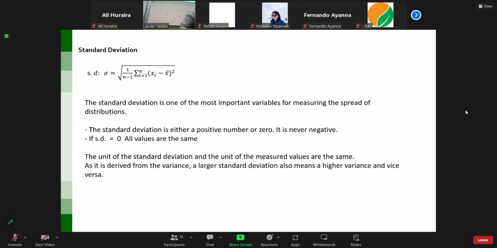Do you, everyone? This is the standard deviation. And the square root, as I told you, is just because if I don't have it... Without the square root it is the variance, and with it, it is the standard deviation.